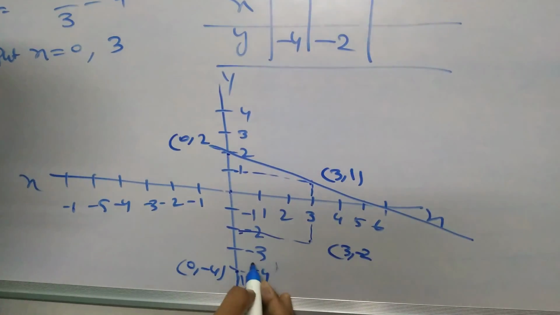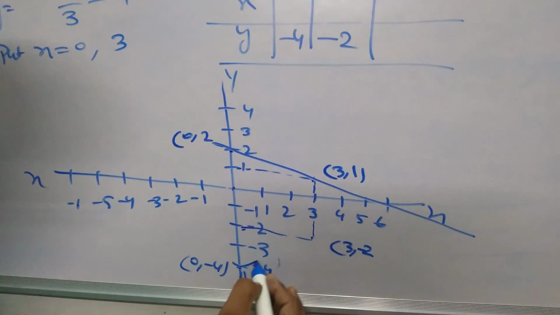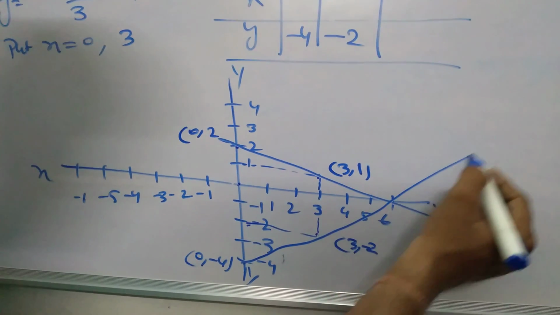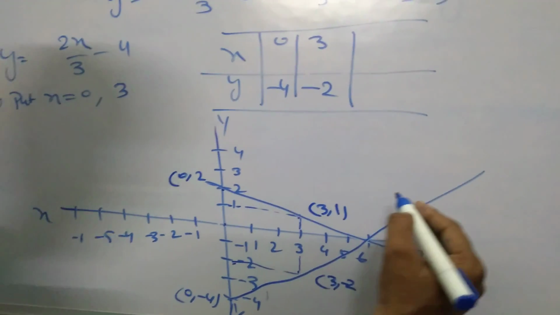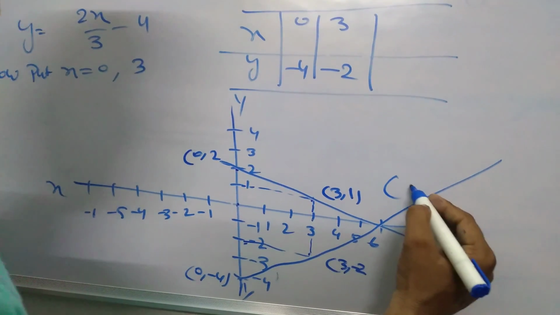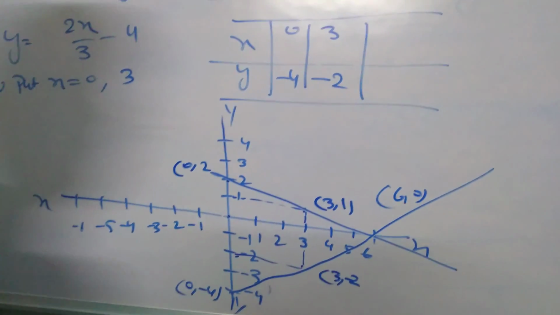Now join these points. So we get the solution (6, 0).